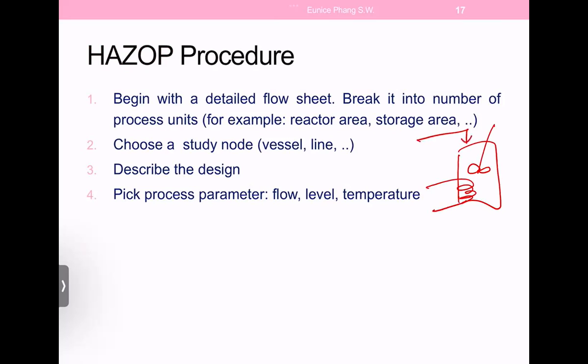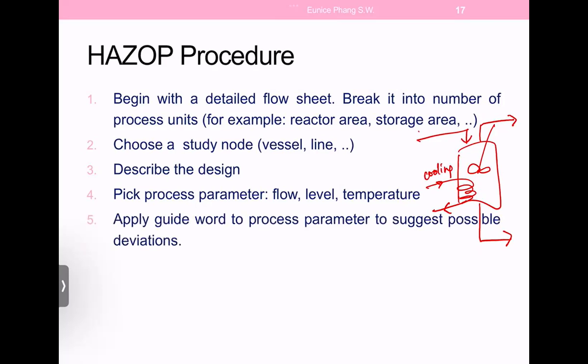So you have your incoming, you have your outgoing, and perhaps you have your gas venting here, you have your product here, and then you have your cooling water in and cooling water out. So you have your material in, and your product here, and gas.